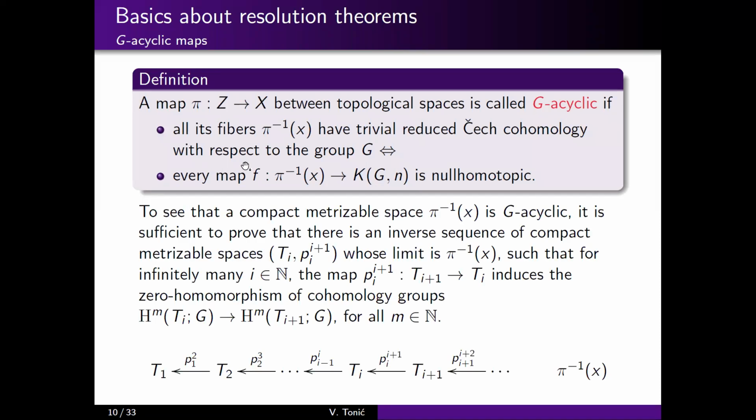And again, if you represent your fiber as the inverse limit of an inverse sequence of compact metrizable spaces, and if you can guarantee that infinitely often your bonding maps will induce the zero homomorphism on the level of cohomology groups, then you can guarantee that this will be G-acyclic.